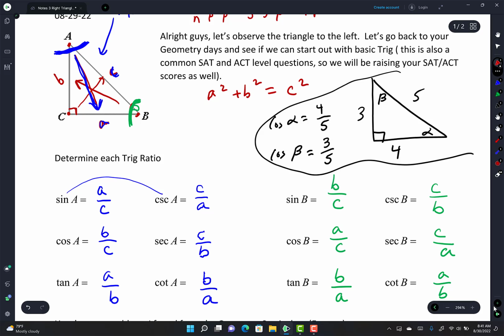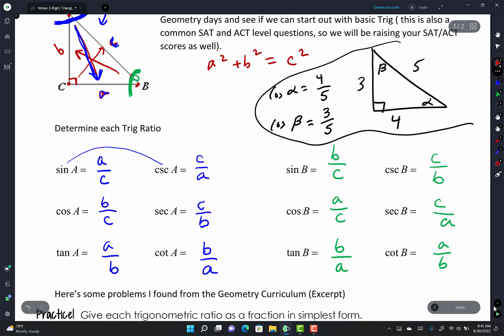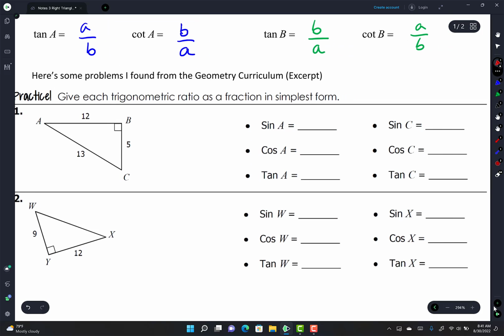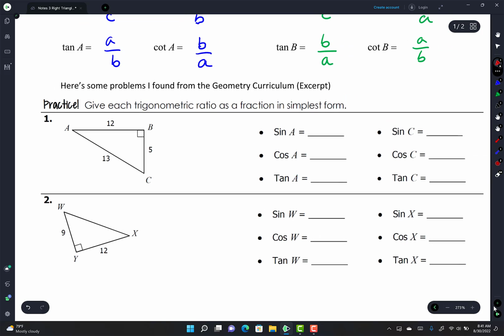All right. Cool. All right, here we go, guys. Hopefully these notes look familiar. I stole them right from the geometry curriculum. So here we go. I have angle A. So I'm going to write my angle like that. And it says sine A. So opposite over hypotenuse. What is opposite to angle A? 5. And the hypotenuse is 13.